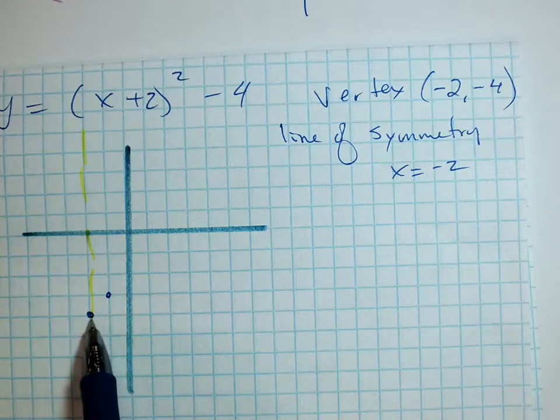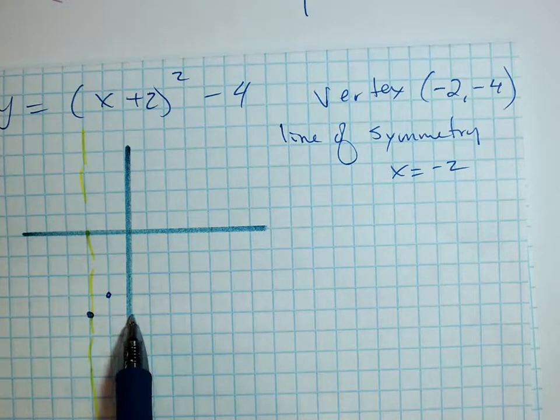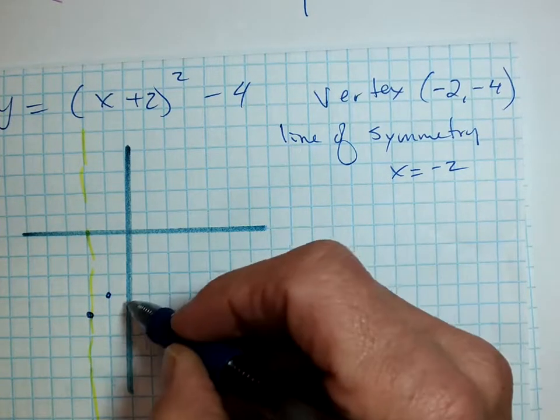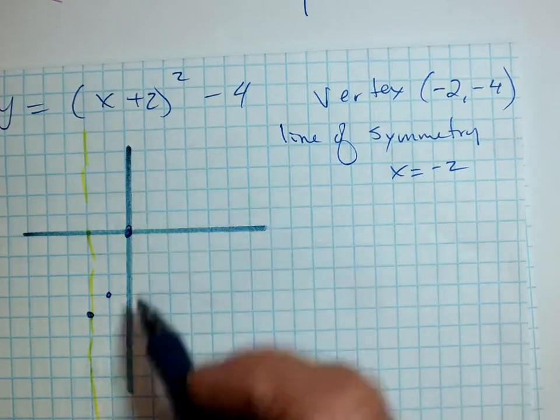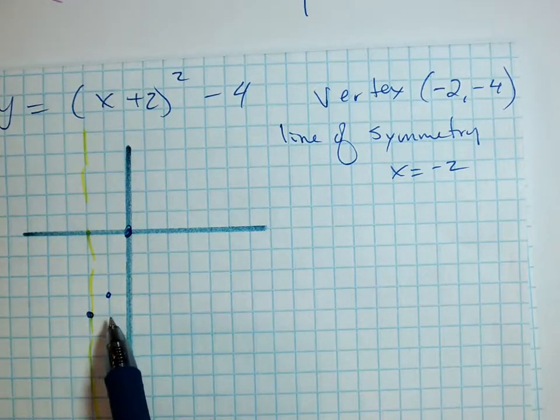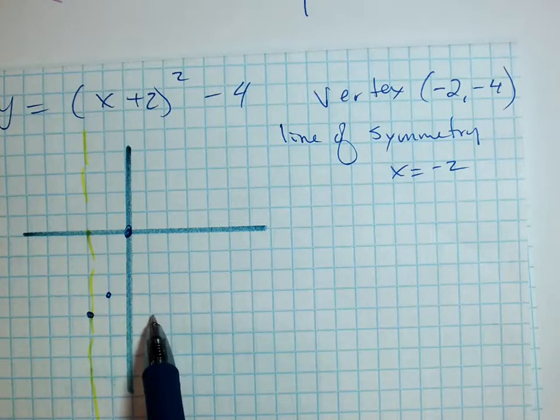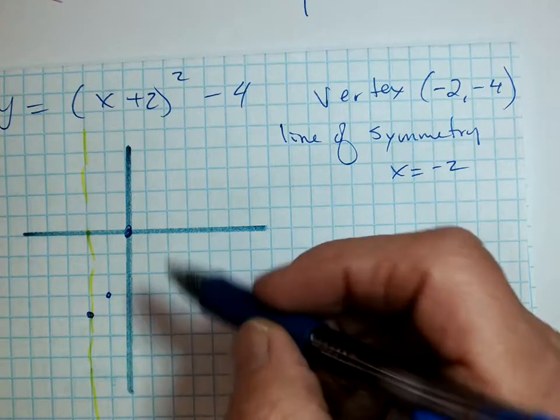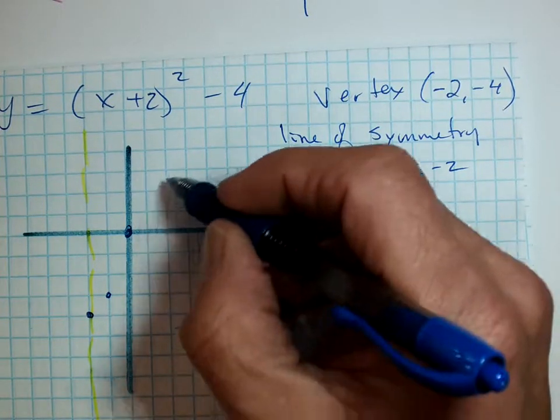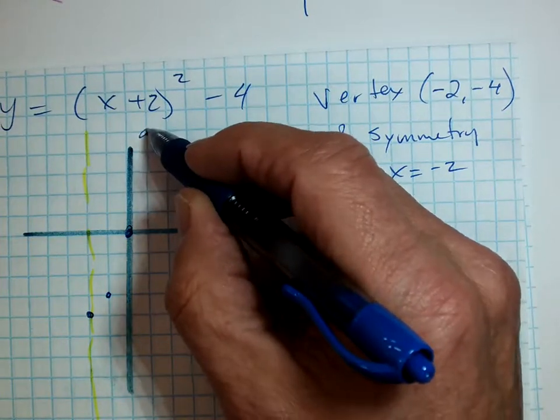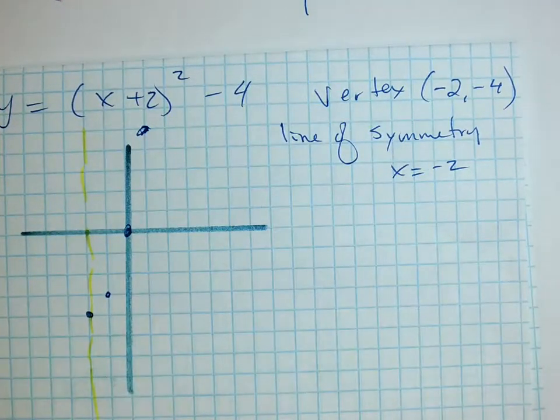If I go back to the vertex and I move over 1, 2, 2 squared is 4, so 1, 2, 3, 4. If I go back to the vertex and I go over 1, 2, 3 for the x, 3 squared is 9, so on the y it's 1, 2, 3, 4, 5, 6, 7, 8, 9. Now, because I have a line of symmetry, I'm going to reflect my points over the line of symmetry.